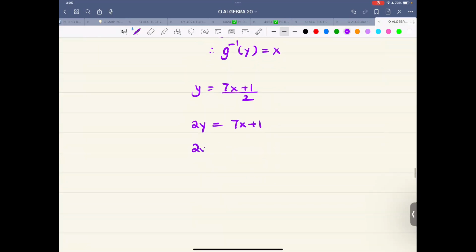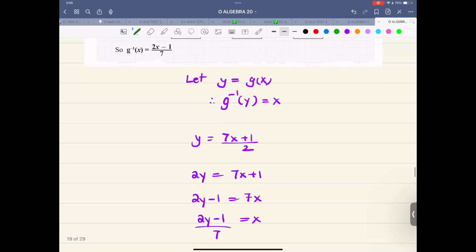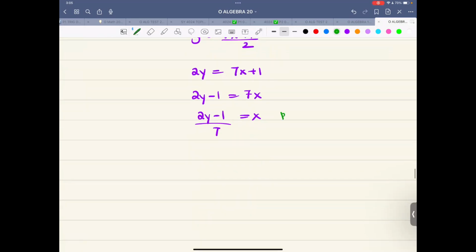Next step, 2y minus 1 is 7x. The very next step, (2y minus 1) over 7 is equal to x. Now, what is this x equal to? x is equal to g inverse of y. So therefore, g inverse of y is equal to (2y minus 1) over 7, or we have a habit of writing it in terms of x.